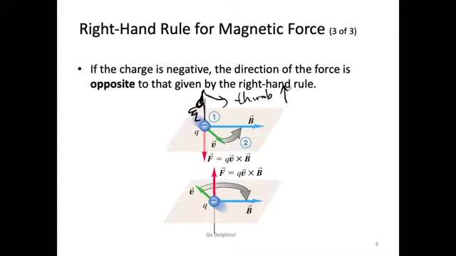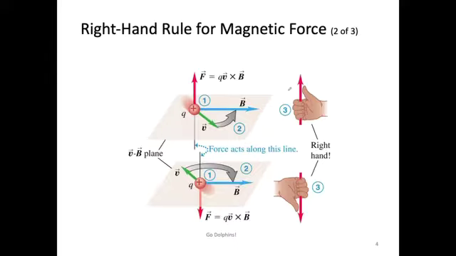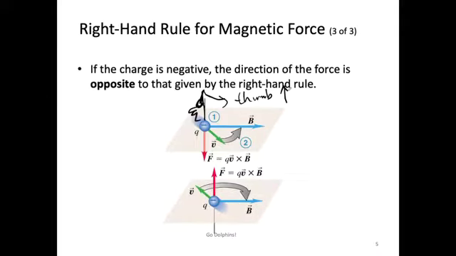Then the force on the negative charge is in the opposite direction of our thumb. Remember, for a positive charge, the right-hand rule gives you the direction of the magnetic force directly. For a negative charge, the thumb gives you the opposite direction of the magnetic force.